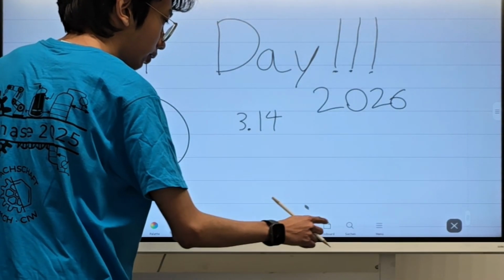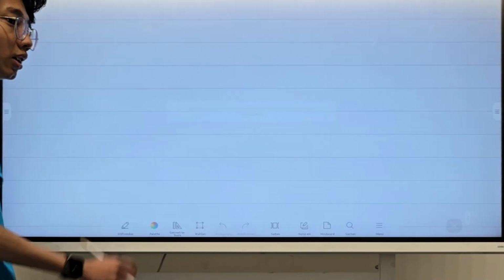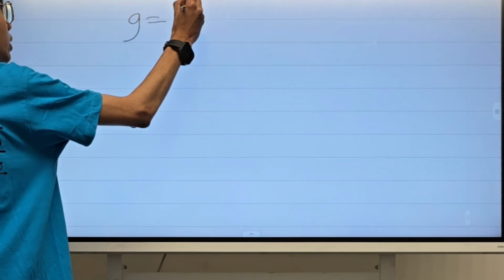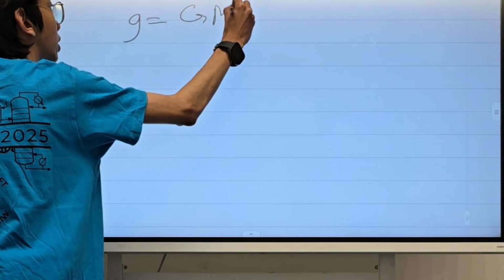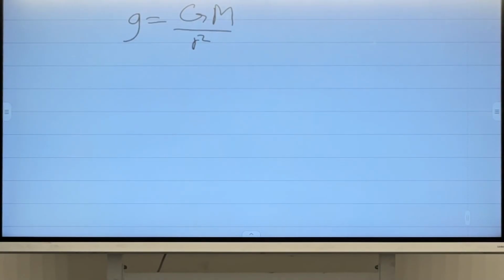Well, there are a few ways to calculate g. For instance, the classic equation g is equal to GM over r squared. We can use this to calculate g. That works, but I don't know the mass of the earth, and I don't think I'm looking to measure the mass of the earth.